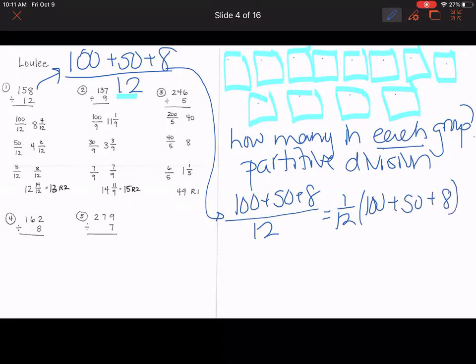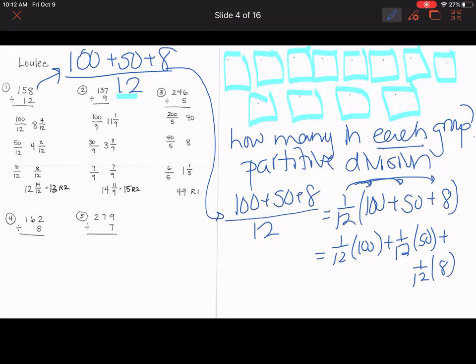And now look, this is just the distributive property. And so we get 1/12 of 100, 1/12 of 50, plus 1/12 of 8. Or as Loulee wrote it, right? This is the same as 100 divided by 12 plus 50 divided by 12 plus 8 divided by 12.